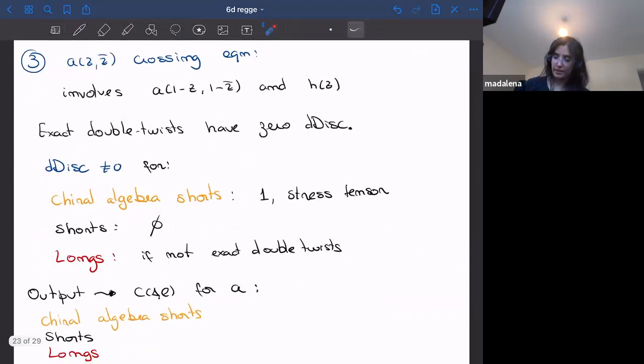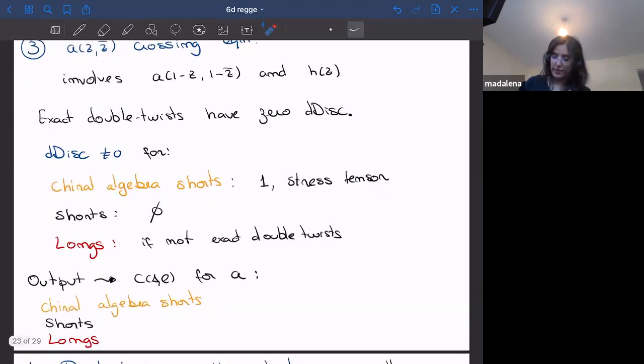and then the feature of this A function is that it has a slightly weird crossing equation because it involves not only the crossed A, but it also involves this chiral algebra short correlator. And the inversion formula has unusual properties: exact double twists have zero double discontinuity.